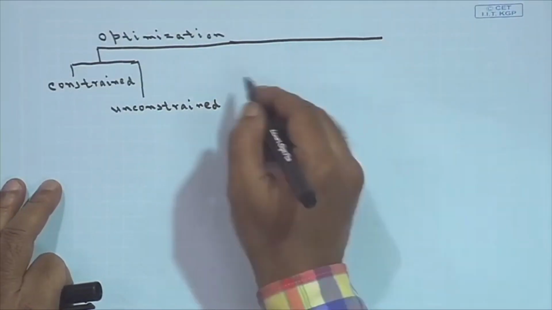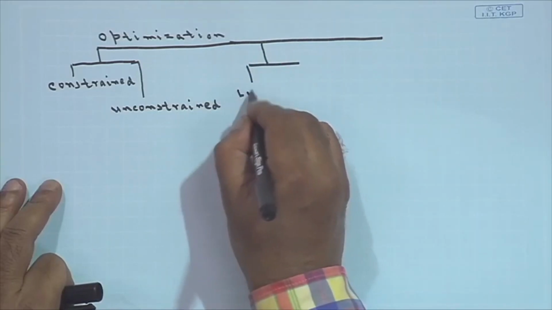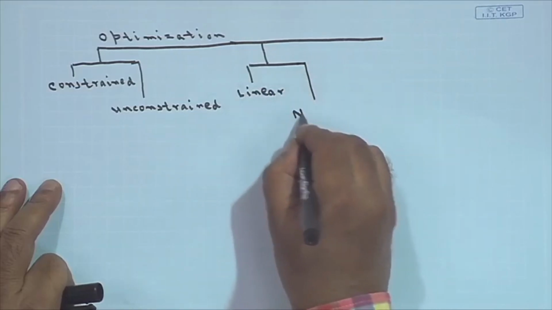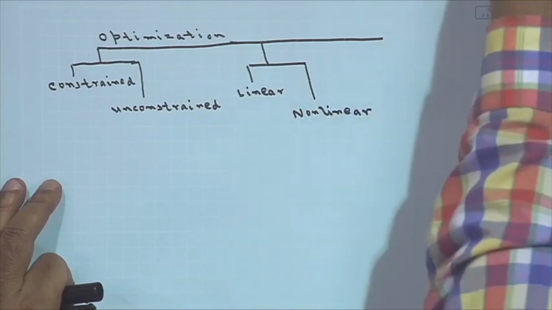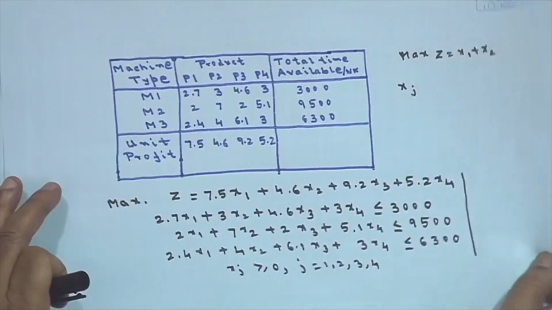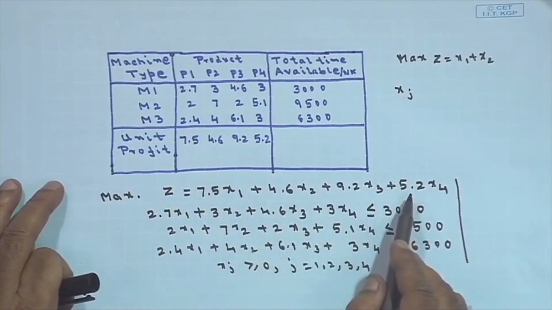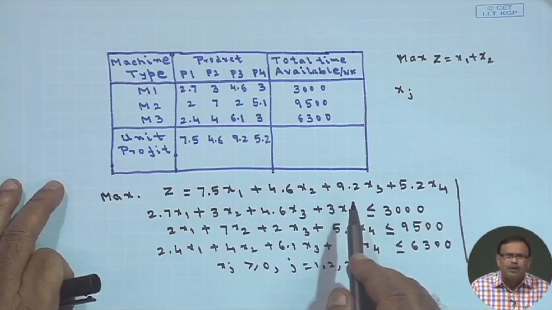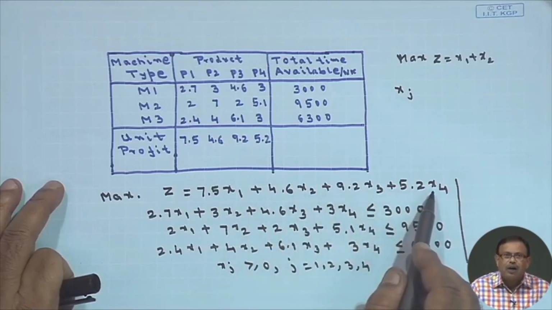The other part is that the problem can be linear, it can be non-linear also. Linear means whatever objective function you are considering here should be linear in nature. As you know, one particular function may be a linear function, just like x1, x2, x3, x4.